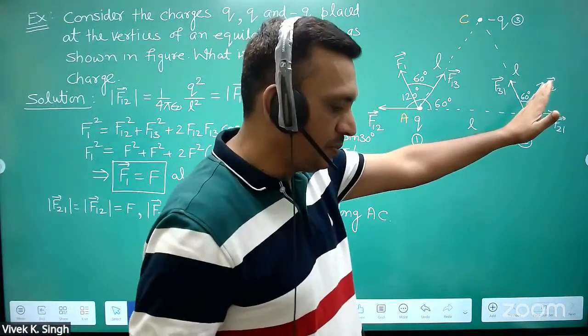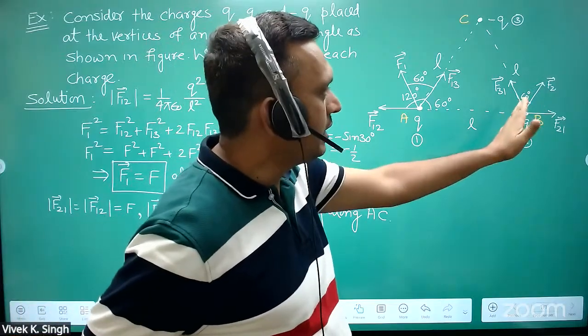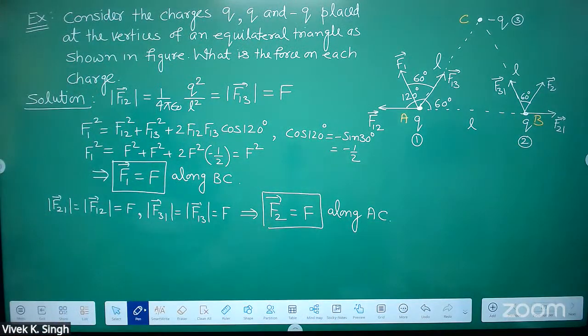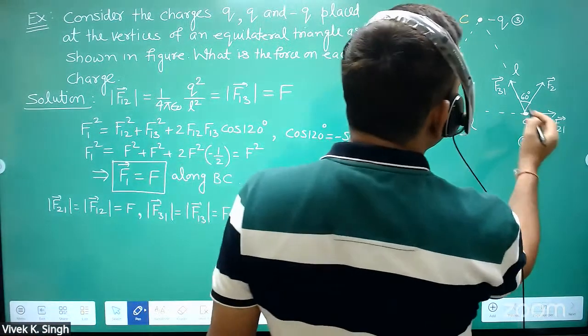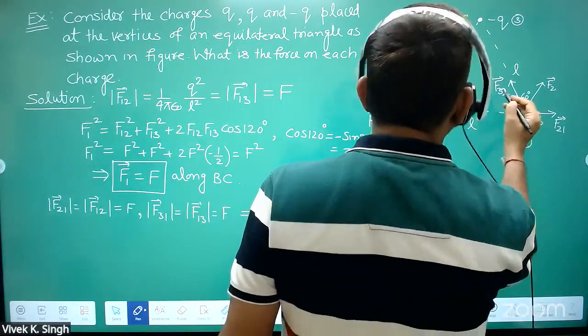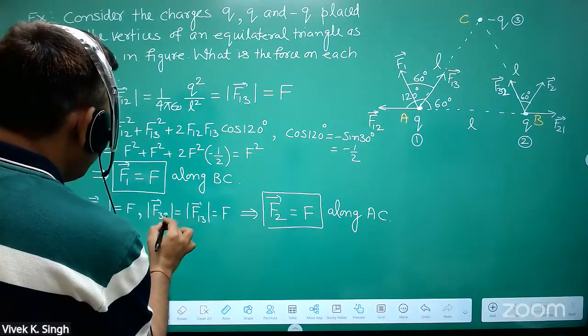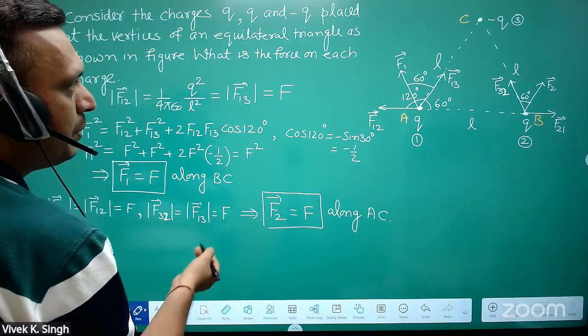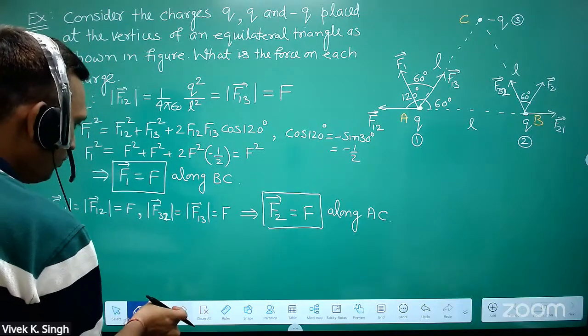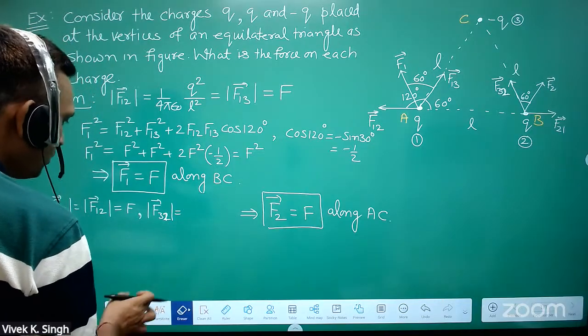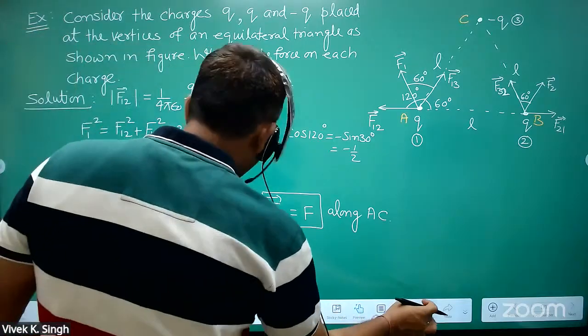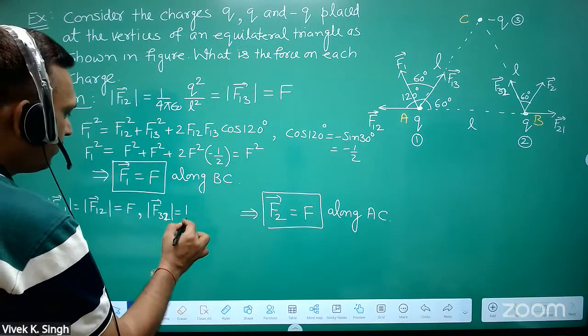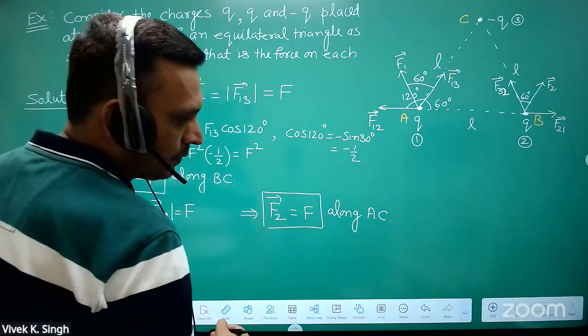Magnitude and direction of force experienced by the second charge, please check. Sir, will it be F32 or F31? No, F32. Yes, this is F32, please correct it. So F32 you can simply write as F, and that is the same as F13 also. So F32 is also F, this magnitude will be the same.